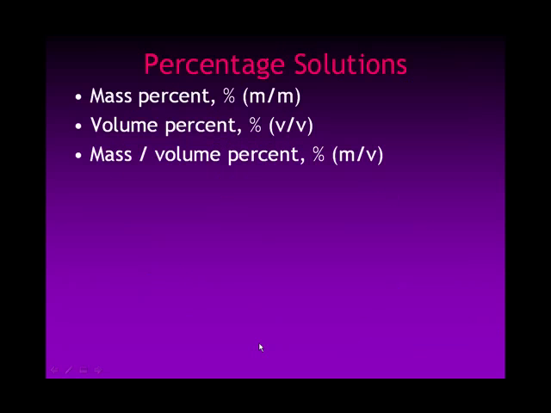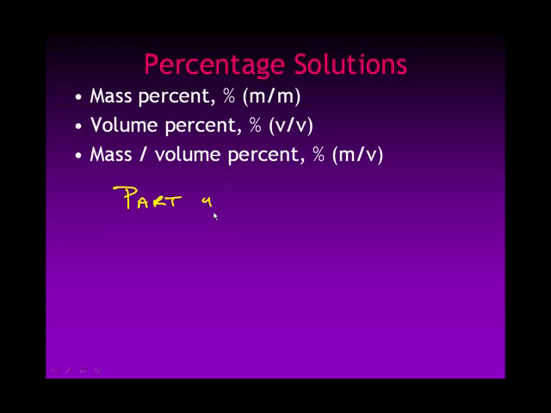Okay, for percentage of solutions, you have 3 types of percentages you need to know how to do. Fortunately, they all work the same. The first one is mass percent, which is mass divided by mass, then volume percent, V divided by V, and then mass by volume percent. Percentages all work the same.